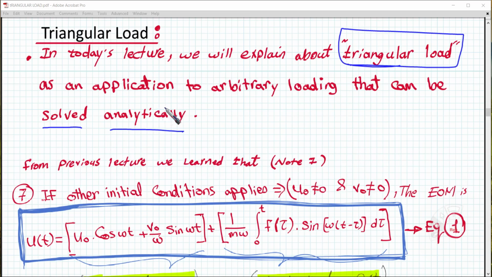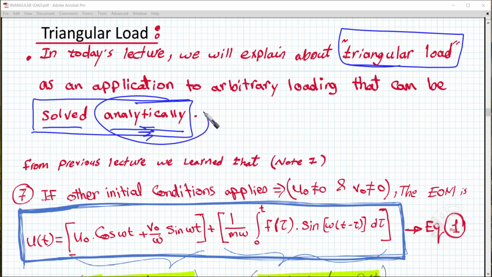Because we are going to show you that it can be solved analytically. We're going to make some manipulation of our equation, and at the end we're going to obtain a closed form solution using our analytical skills.